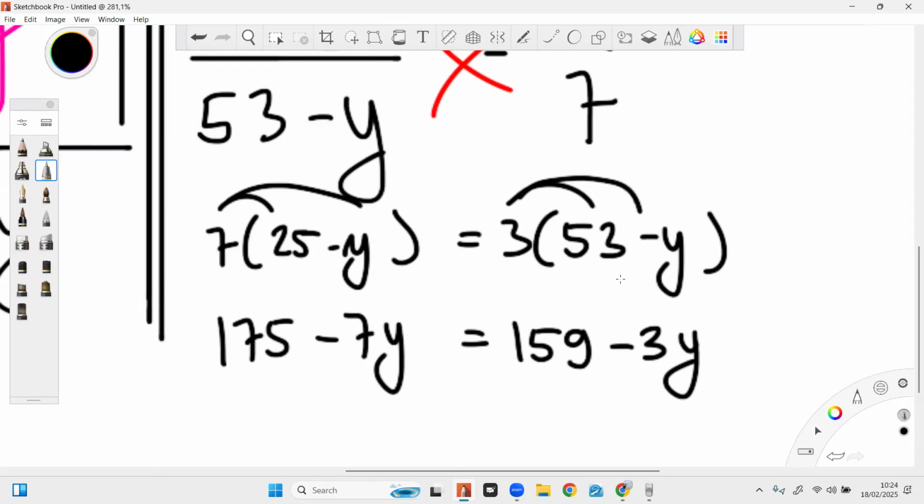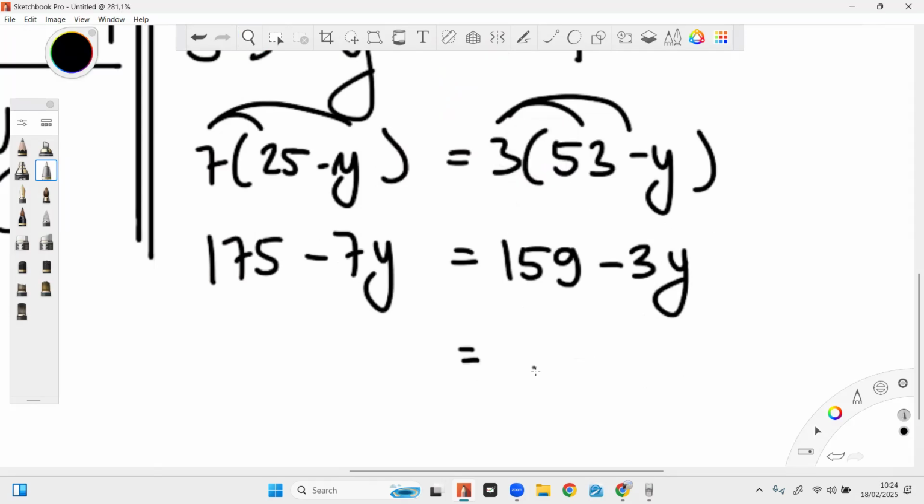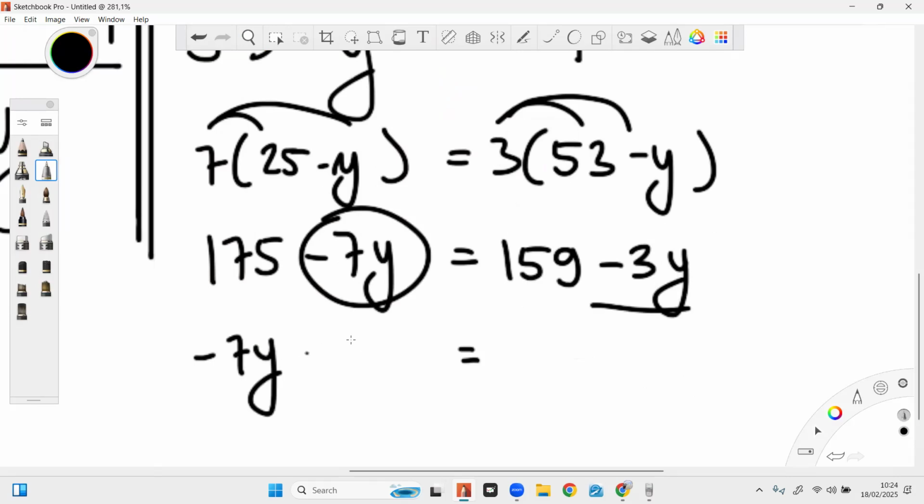You do it by yourself? Okay, that's a way of thinking. Try to learn to count mentally. So keep the negative 7Y to the left and plus 3Y.